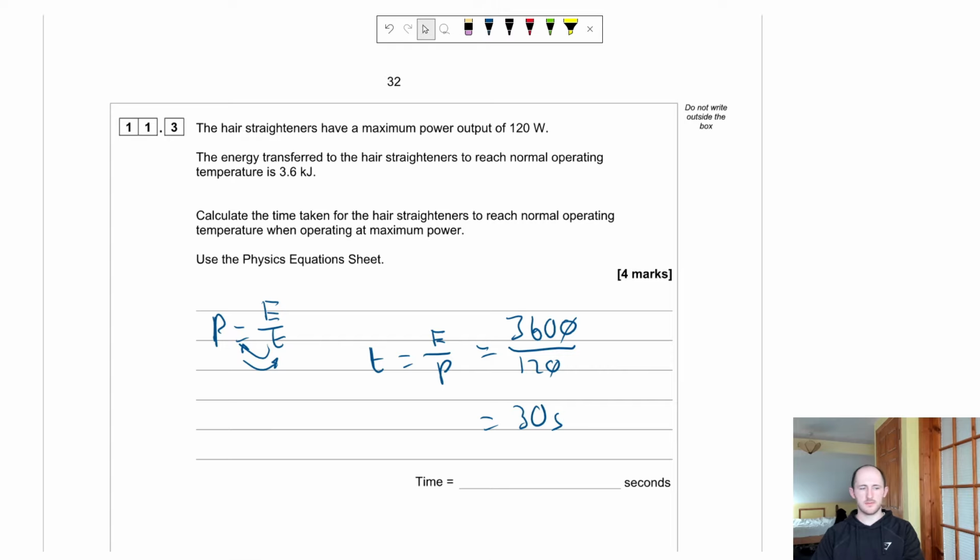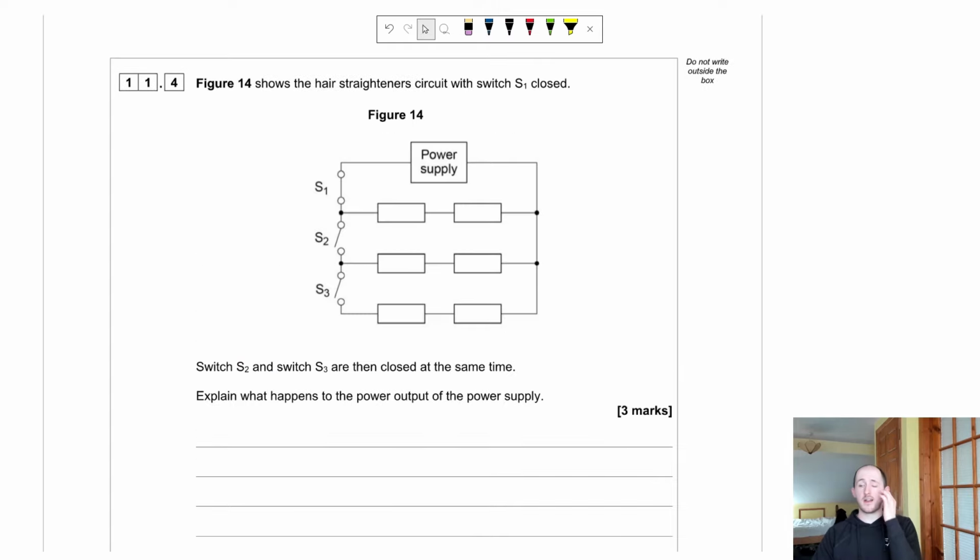Cool. Nice and easy. And the very last question is an electricity question. Of course it is. So these hair straighteners are in the circuit. So they close S1. Then what's going to happen is they close S2 and then S3 at the same time. Explain what happens to the power output of the power supply.